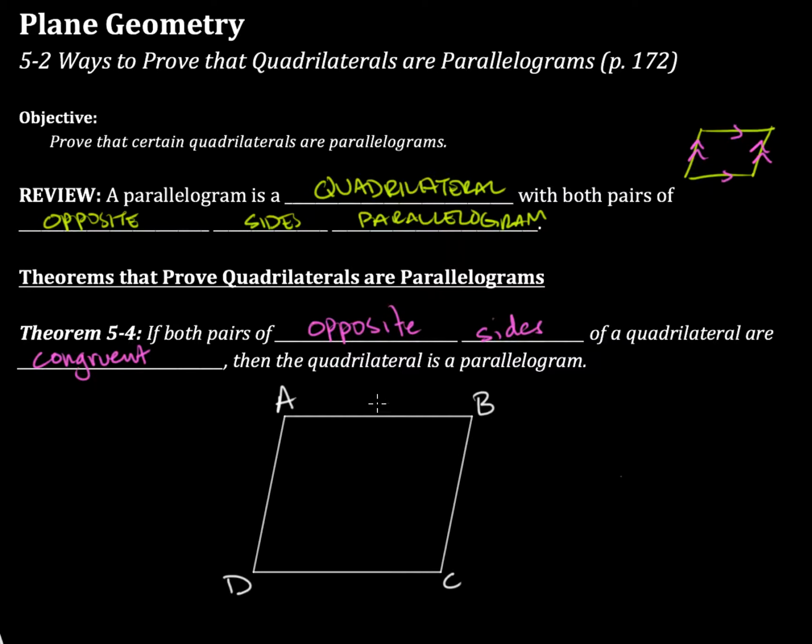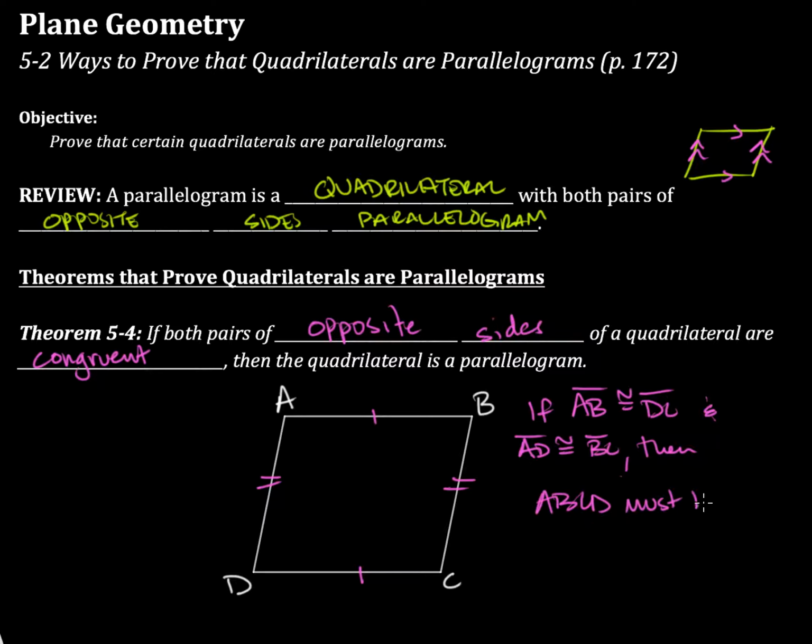So in other words, if I can say AB is congruent to DC, so I mark these two congruent, and AD is congruent to BC, so I mark these two, I can say that ABCD must be a parallelogram. This is my little abbreviation for parallelogram, a little parallel symbol, -gram.